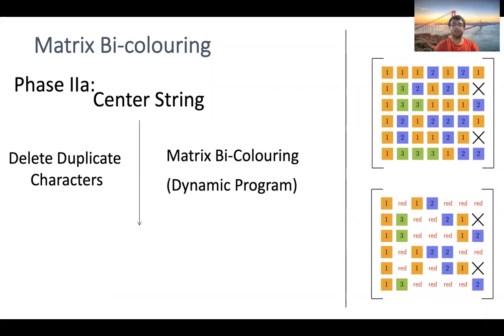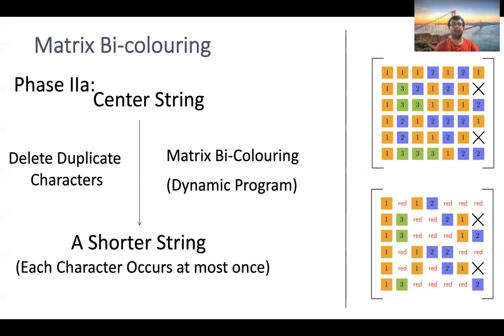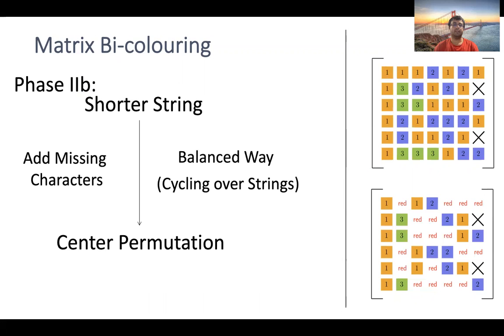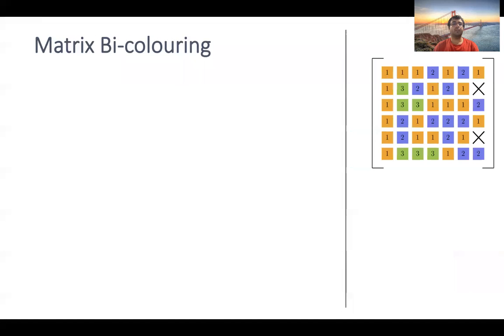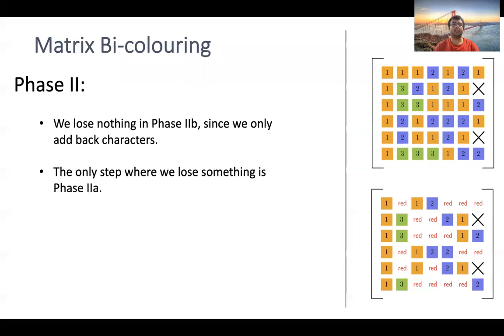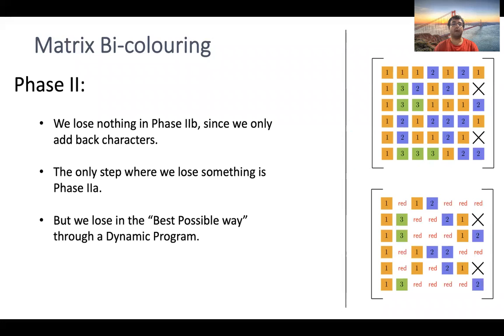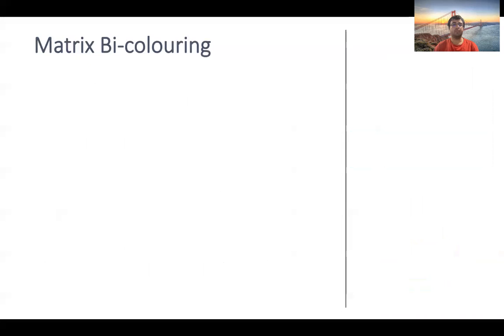But this is the best possible way in which we could delete duplicate characters, because the dynamic program gave us the optimal solution. Then we add back characters and we again lose nothing. So the only way in which we lost anything was the deletion of characters, but this was the best possible way. So this does not tell us how to bound it. So how do we actually bound it?